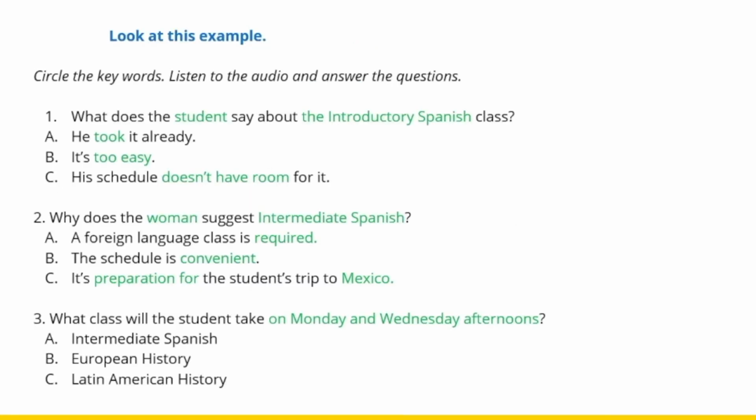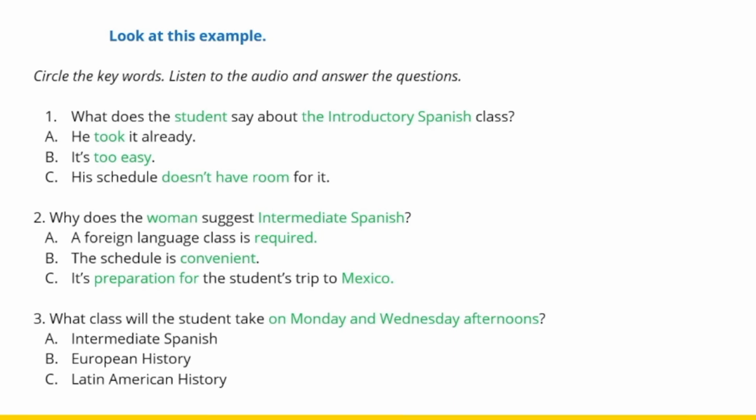And now you can see our example for the discussion type of task. What you have to do here is circle the keywords, and in my case I highlighted them for you, then listen to the audio and answer the question. Our first question asks: what does a student say about the introductory Spanish class? When you highlight the keywords, student is a very important word, and so is introductory Spanish.